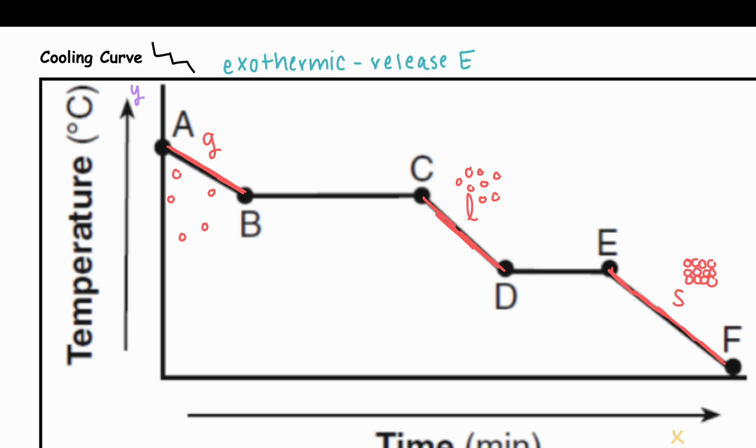So as you decrease down this cooling curve, this downwards facing staircase, your kinetic energy is going to be decreasing, and potential energy is going to be constant while that substance is in all of these states.